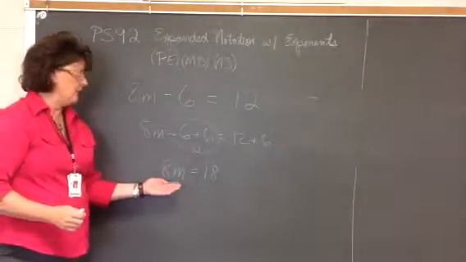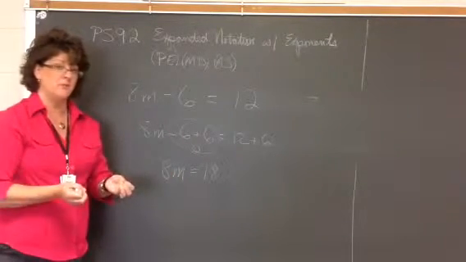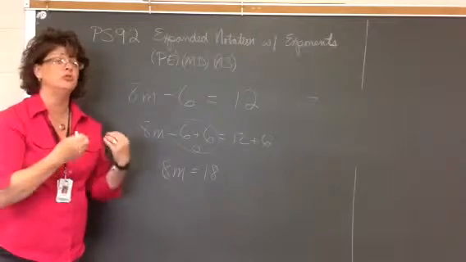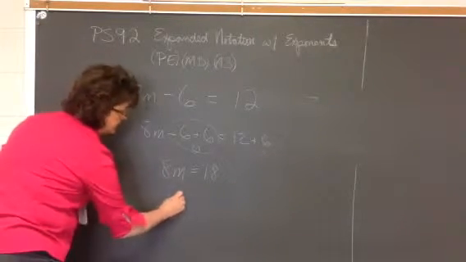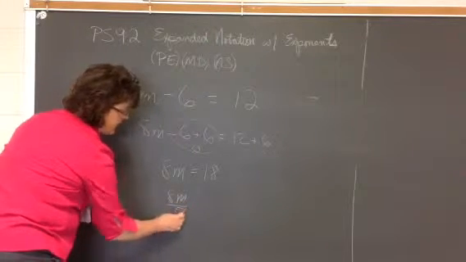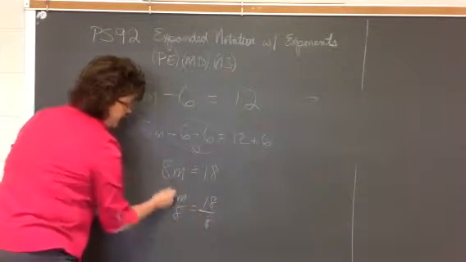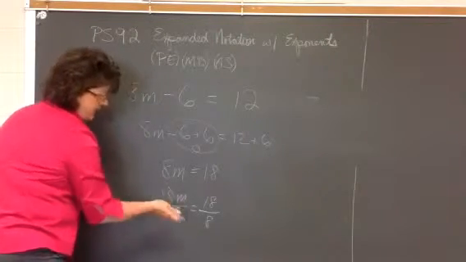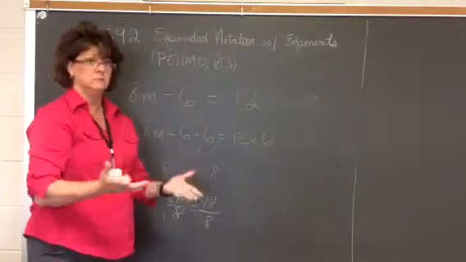Now I need to get rid of the 8. In this problem, I was multiplying by 8, so use the inverse operation to both sides. Divide by 8. I'm going to rewrite it again so you can see all the steps. Divide by 8, both sides, 18 by 8. These neutralize each other, becoming 1s. 1 times m is still going to be m.